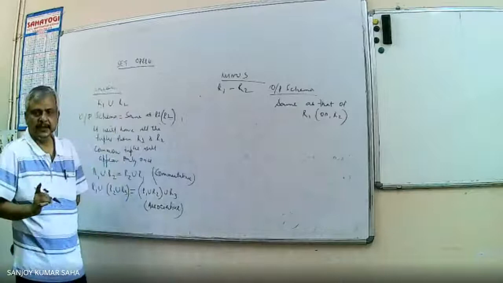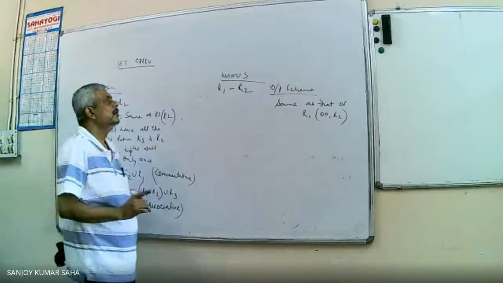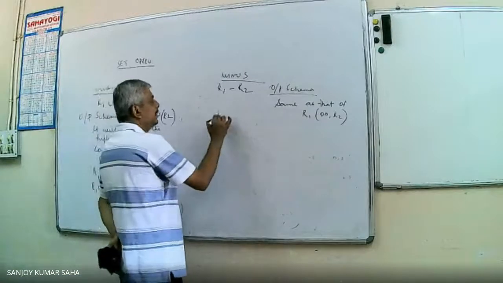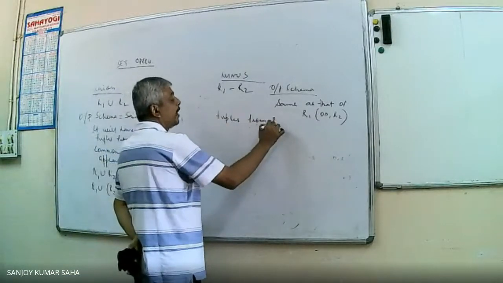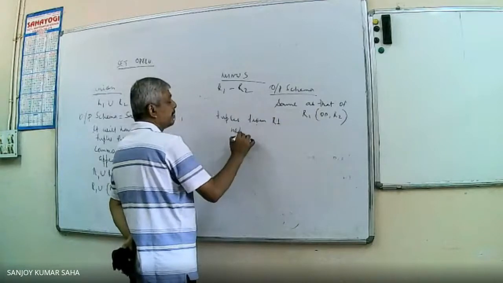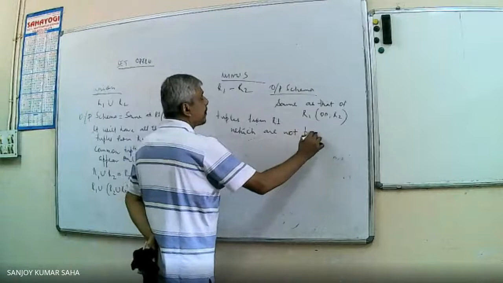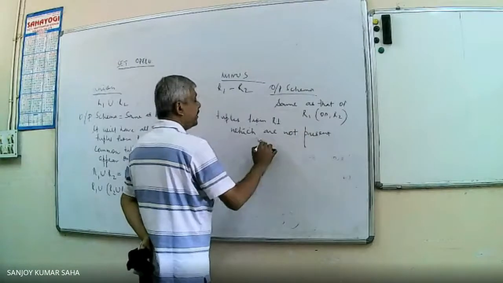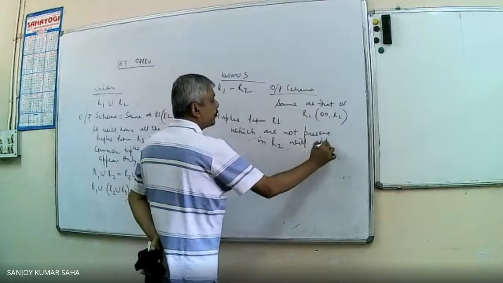Again, union compatibility must be there. Tuples from R1 which are not present in R2 will appear in the output.